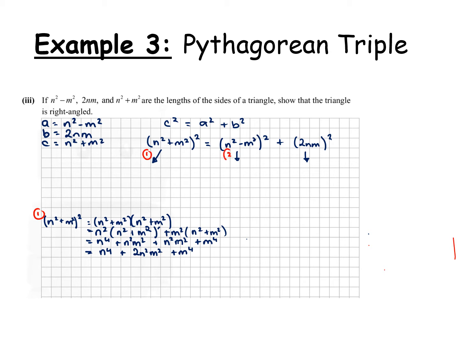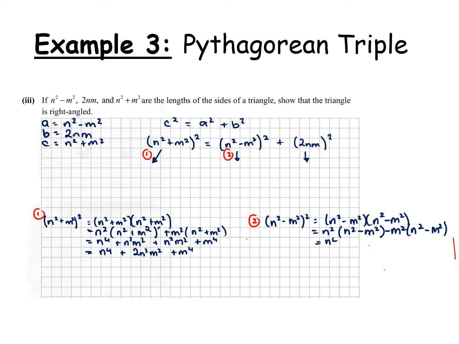Our second piece, we have something similar. We're going to work that through. So we have n squared minus m squared, squared, which is n squared minus m squared times n squared minus m squared. First thing I'm going to do is split our brackets: n squared bracket n squared minus m squared, minus m squared times n squared minus m squared.